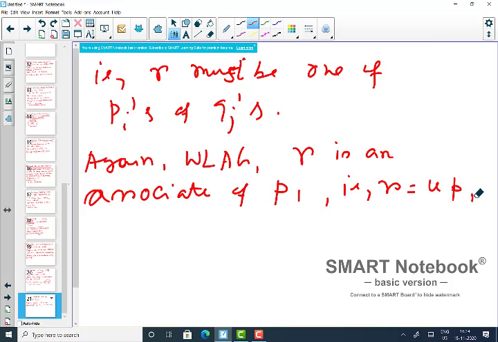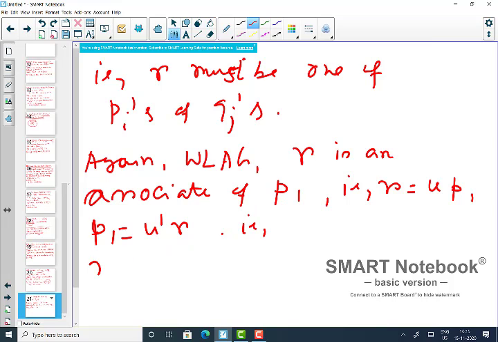Or rather P1 equals a unit times R, whatever, all are the same. So P1 equals some U dash times R, because U dash is the inverse of U, right? Now that is what you can say.